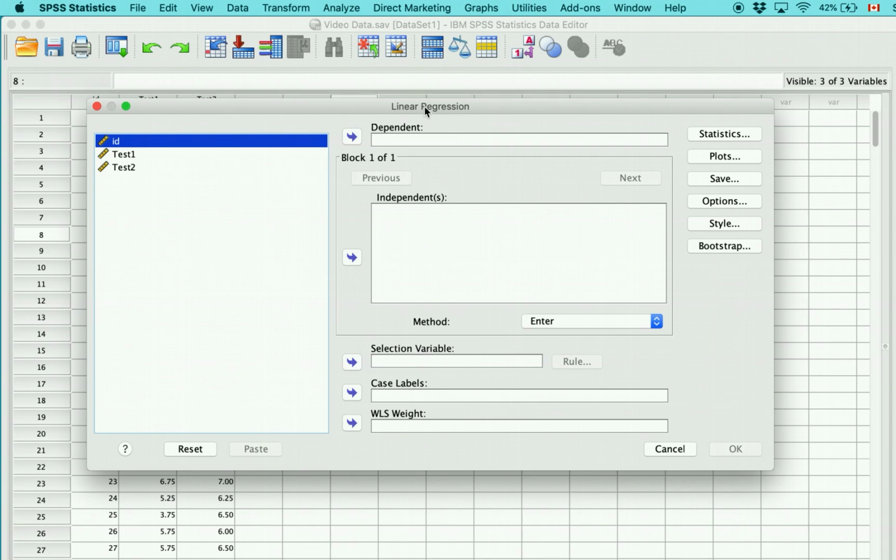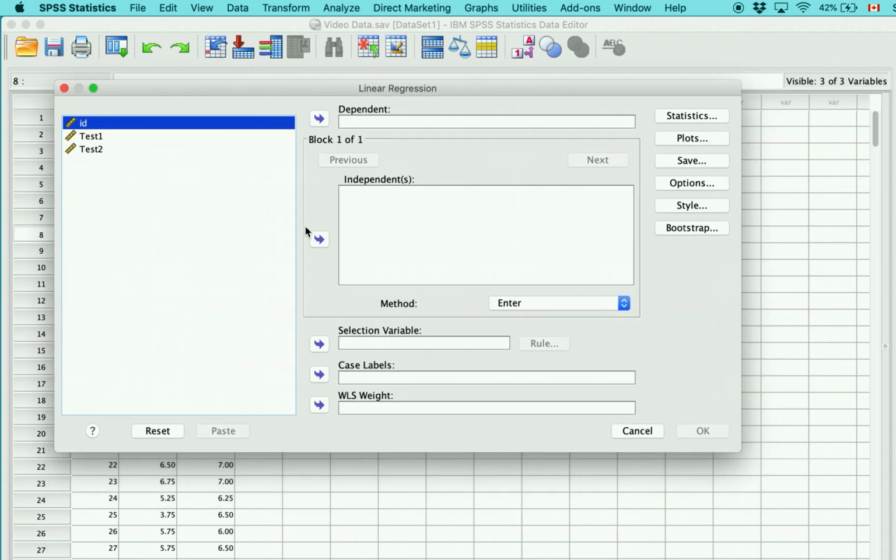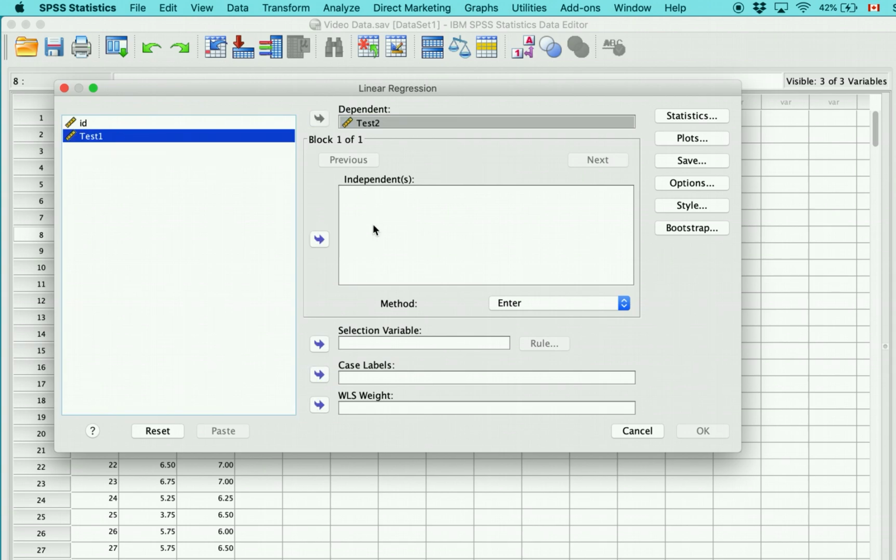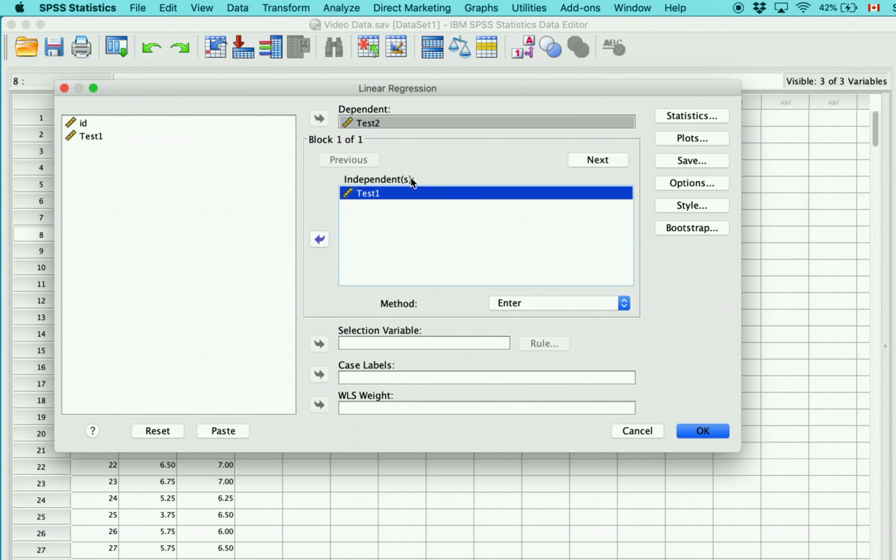So this opens a more fancy dialog box. And so what we're interested in is whether test 1 predicts test 2. And so as you can see here, you can enter one variable as the dependent. We're going to put test 2 there. And then the independent variable goes here. But you'll notice it says independents with an S, and that is because you can enter multiple different variables.